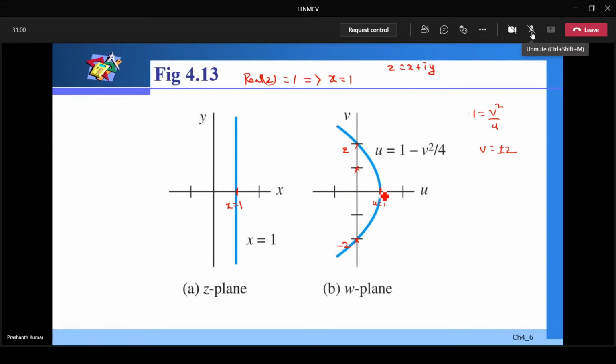This is u is equal to 1 when v is equal to 0, and u is equal to 0 when v is equal to 2.